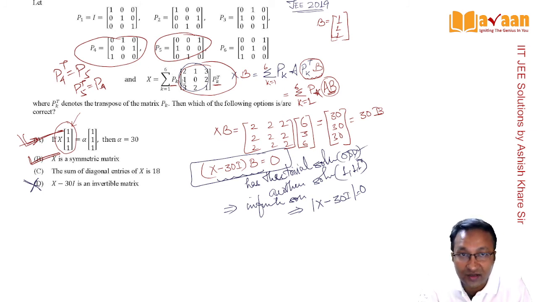So irrespective of Pk and Pk transpose, the trace remains the same. What is the trace of this matrix? The sum of diagonal elements is 3, and it happens 6 times in each of these cases, so this becomes 6 into 3, 18. So this essentially is correct by virtue of the data given in these 6 matrices.